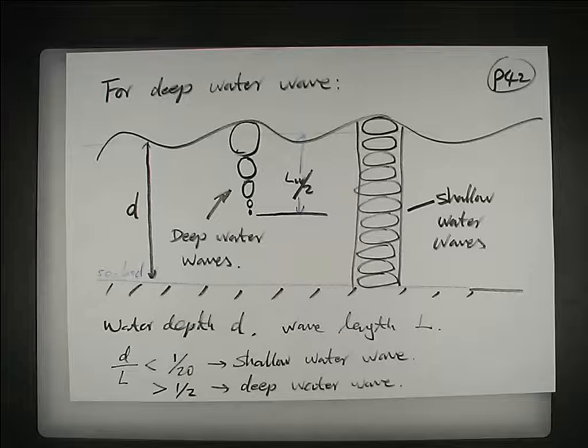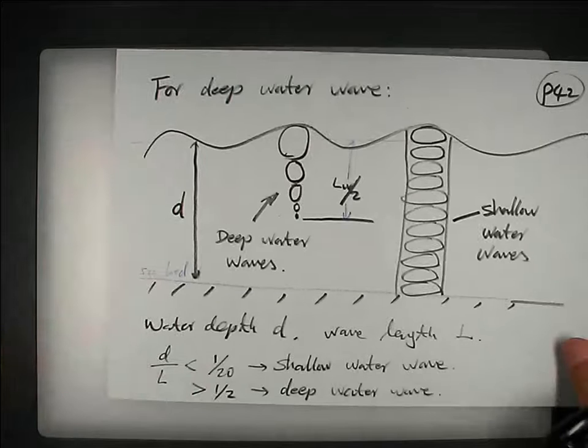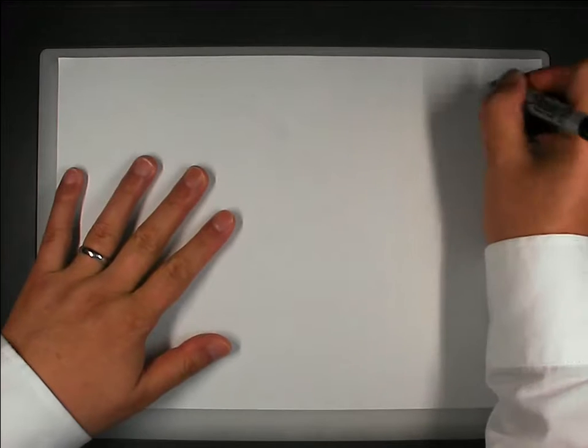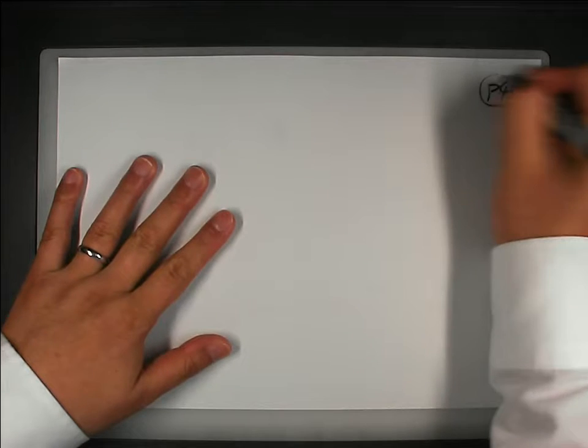So after the tutorial, you will be clear on all this. Now we don't need to explain this. The next page is page 43. Page 1 to page 43 is our journey from the beginning to here.